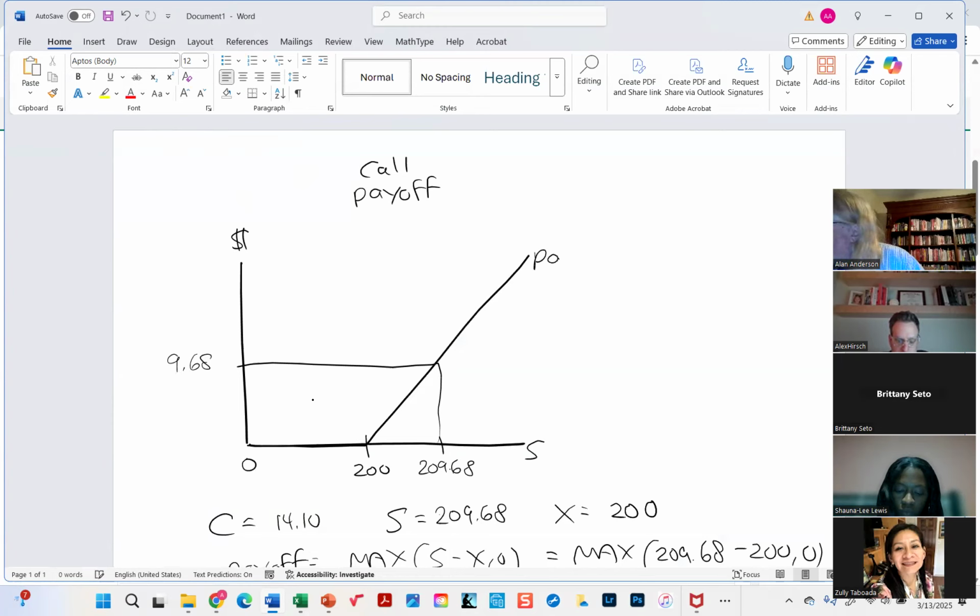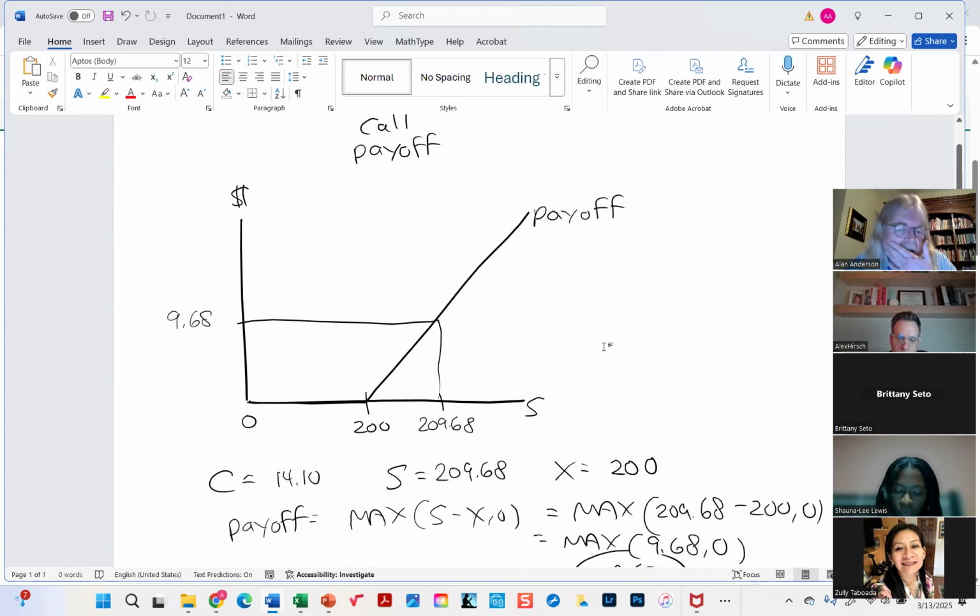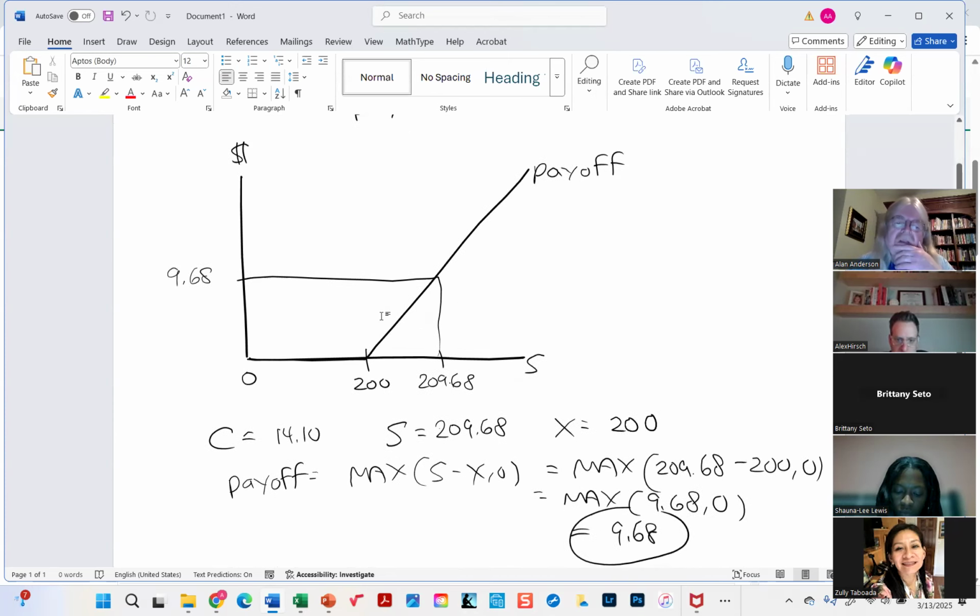Now remember, this is the payoff profile. So right now, if I had the right to exercise it, let's say this is an American option, I decide, you know what, I'm going to just exercise and collect $9.68. But I just paid $14.10 for this. Why is that? Why did I have to pay so much when the payoff is only $9.68?